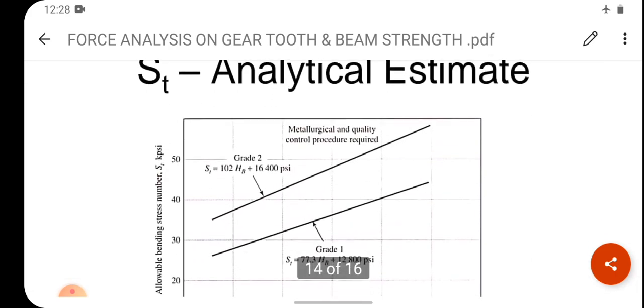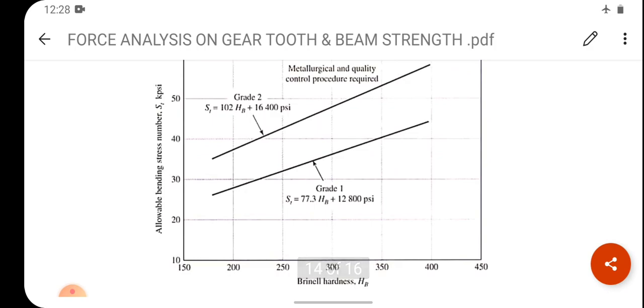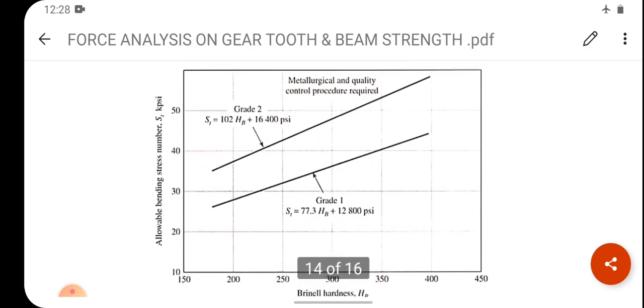Now we'll discuss the ST analytical estimate. That was in tabular form, now this is analytical. So here I have drawn a graph.